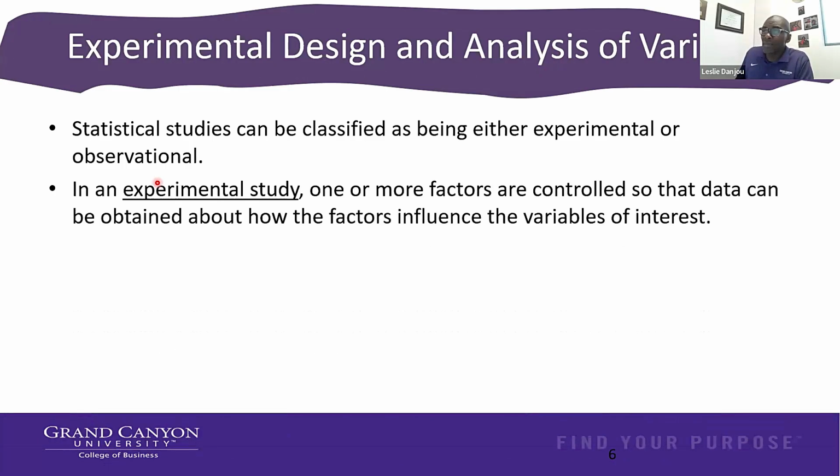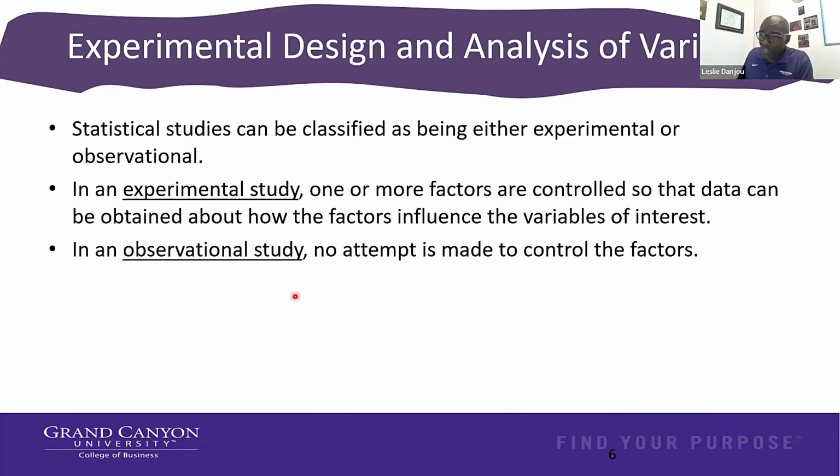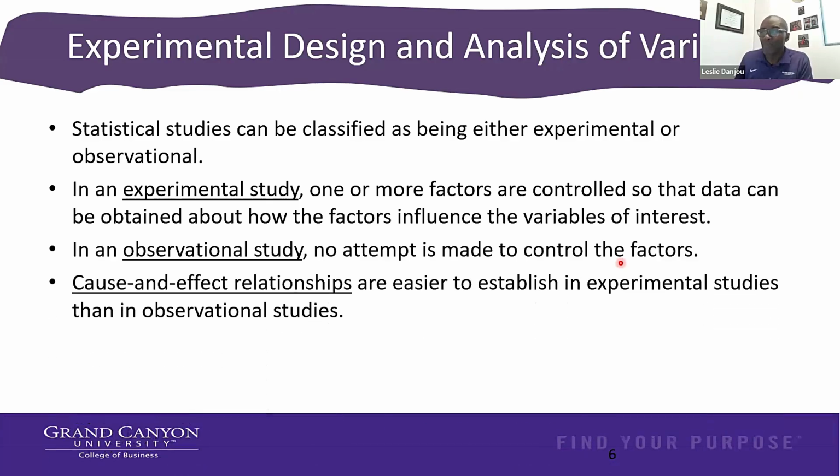In an experimental study, one or more factors are controlled. So when we do some kind of experiment, we can control one or more factors. In an observational study, no attempt is made to control any of the factors. So it just happens naturally, and we're just observing it to make sure that we document what we have observed. All right. So you got two types of studies.